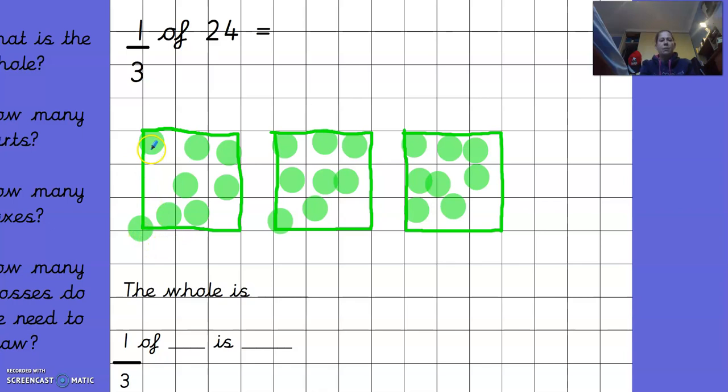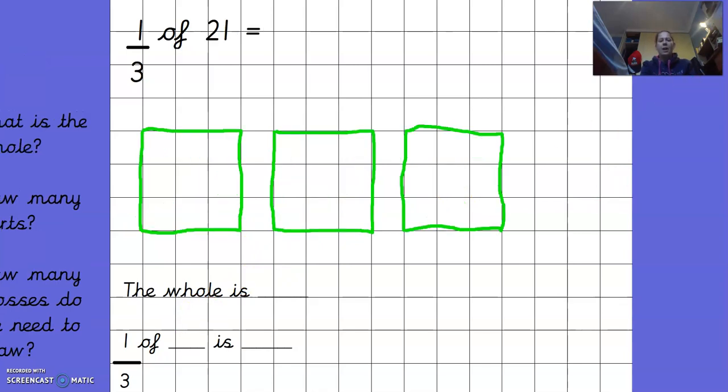So 1/3 of 24 is 1, 2, 3, 4, 5, 6, 7, 8. 1/3 of 24 is 8. The whole is 24 and 1/3 of 24 equals 8. Here's another one for you to have a go at. 1/3 of 21. Pause the video and have a go. I'm not going to put all the counters on this time, but you should have got 7. A third of 21 equals 7.